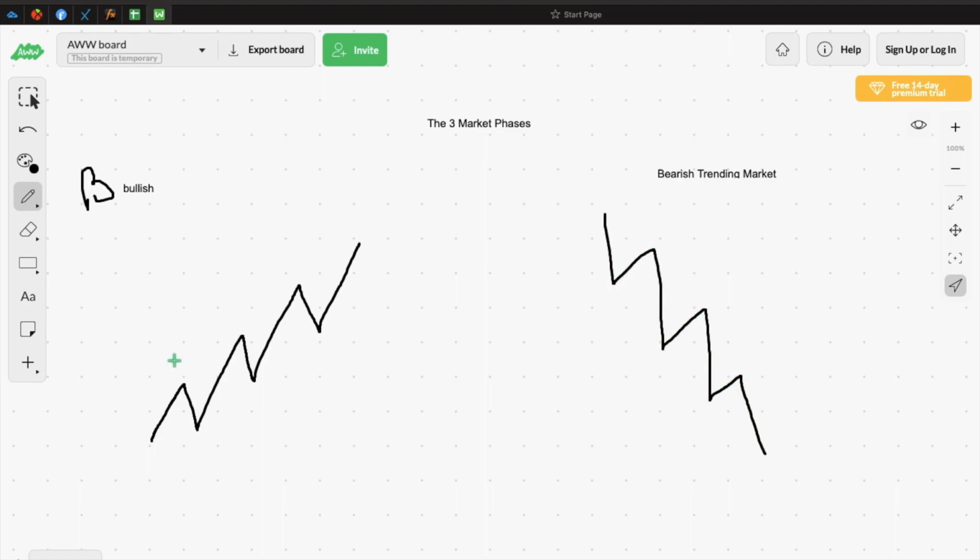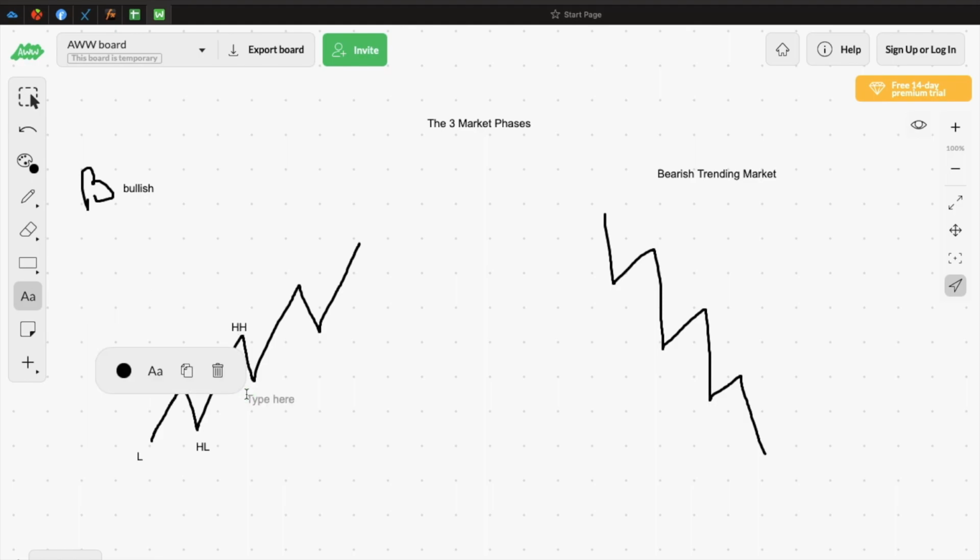Because we just talked about it. So let's try this. So this is what? The low point, right? This is going to be the high. This is the higher low because it's higher than the previous low. This is the new higher high right here.